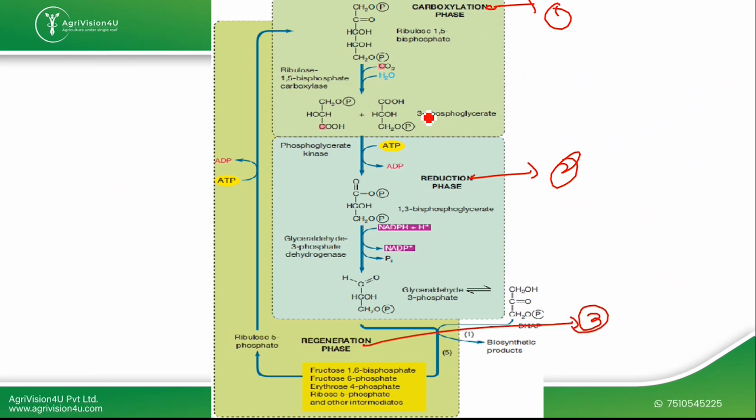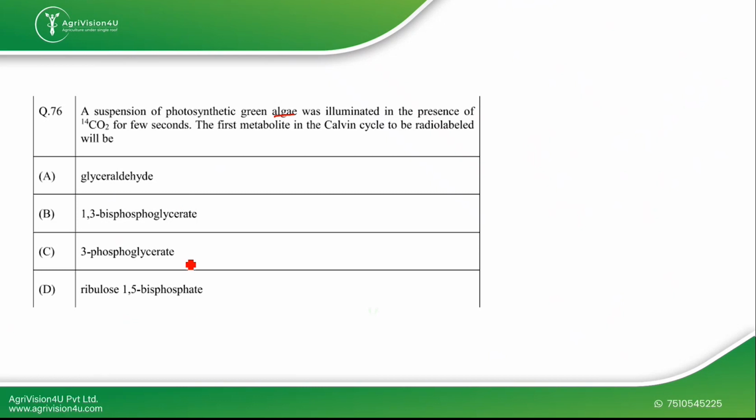Now the question is, what is the first metabolite? The first metabolite is ribulose 1,5 bisphosphate. So this is the correct option.